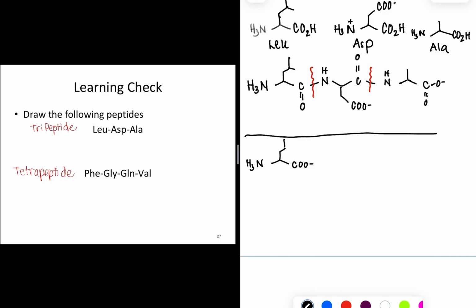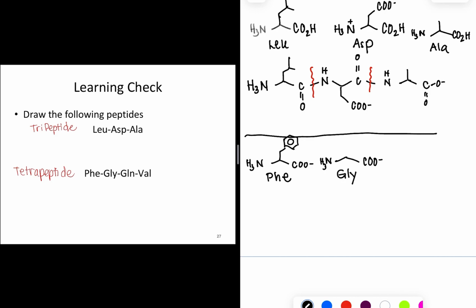This one has a benzene ring. This one's aromatic. I'm going to draw glycine. Glycine is interesting because it is the only amino acid that is not chiral.